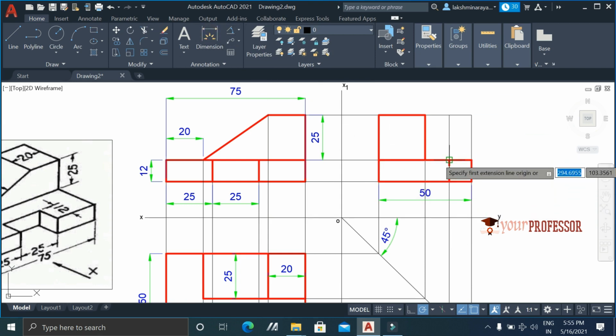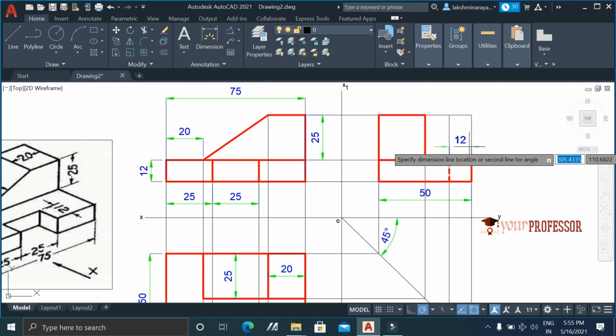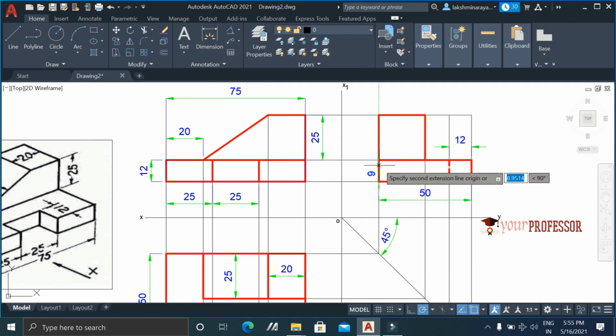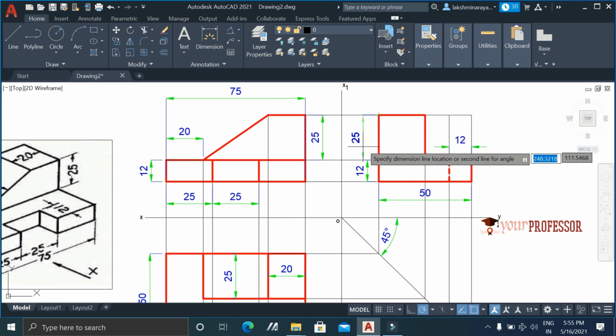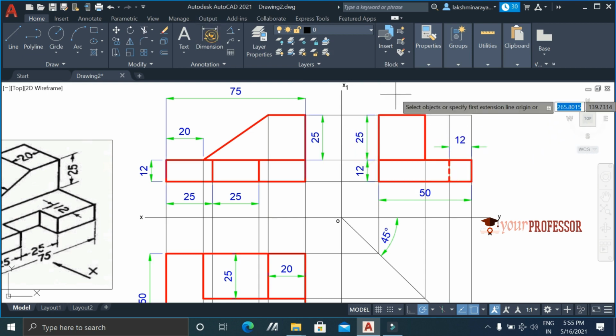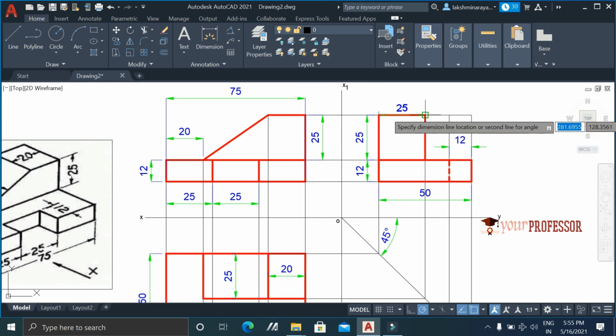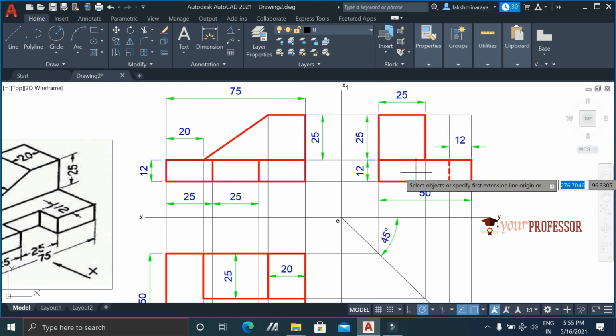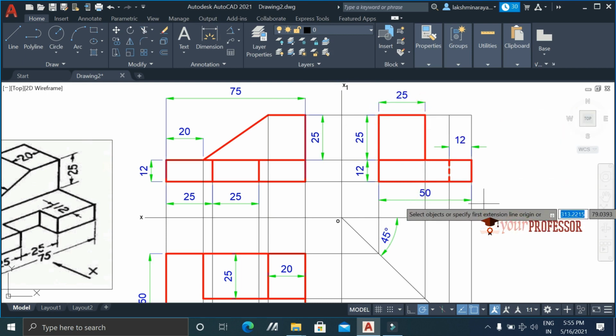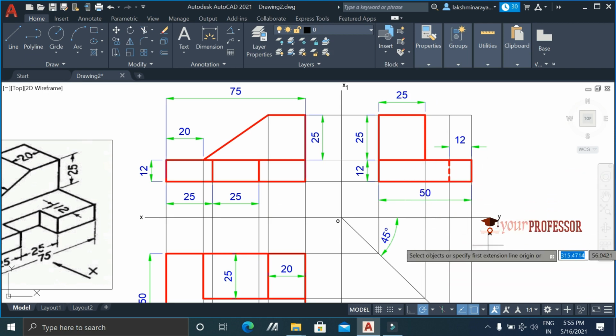And here the dotted line is at a distance of 12 mm. This thickness is 12 mm. This height is 25 mm. Width is 25 mm. Right, this is the side view.